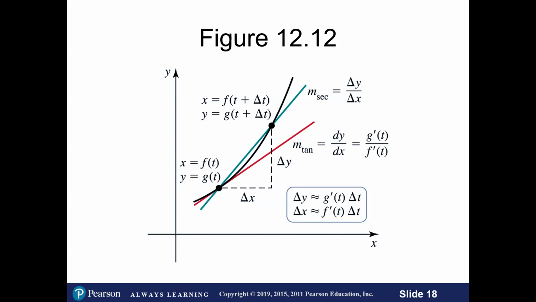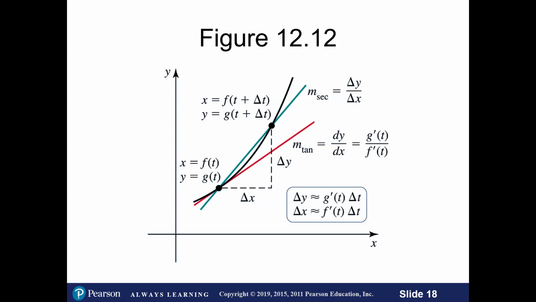And so the slope that we're looking for, the slope of the tangent line, we can get that slope as we move our secant point closer and closer to our starting point, right? So as delta t gets smaller and smaller, the secant slope, delta y over delta x, gets closer and closer to the slope of the tangent line.